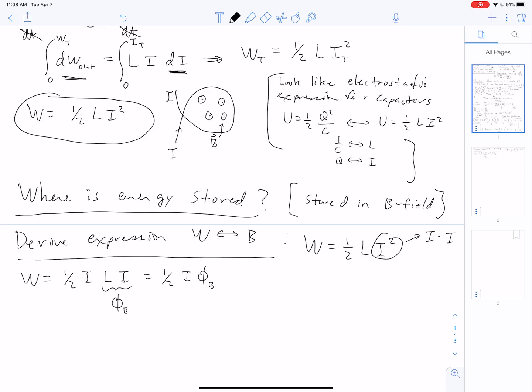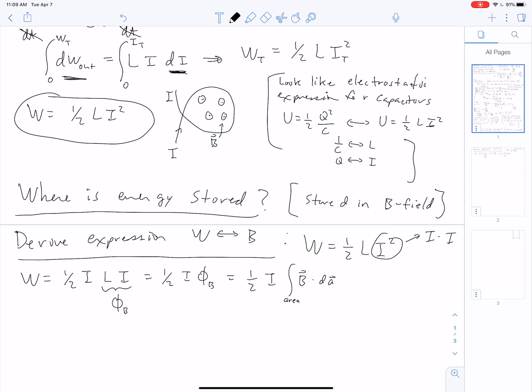But magnetic flux, we know, is an integral. So I can rewrite this as 1/2 I times the integral of B dot dA. So I'm taking a simple formula and making it more complicated. And this is a surface integral over the area of a membrane of the loop.